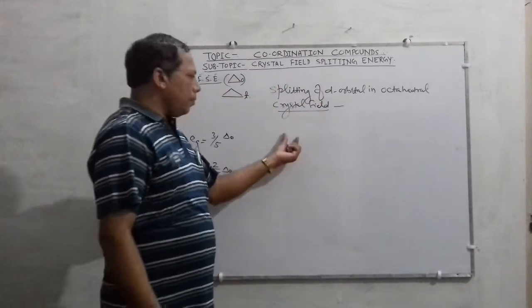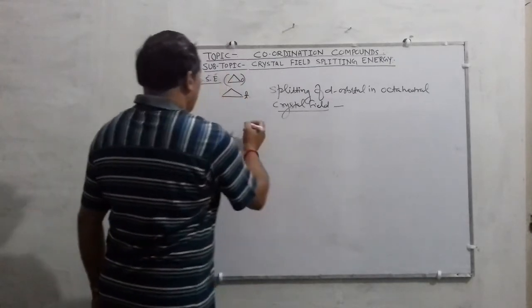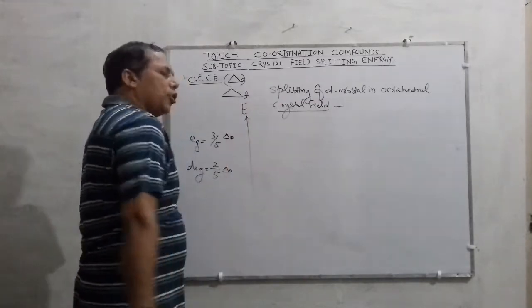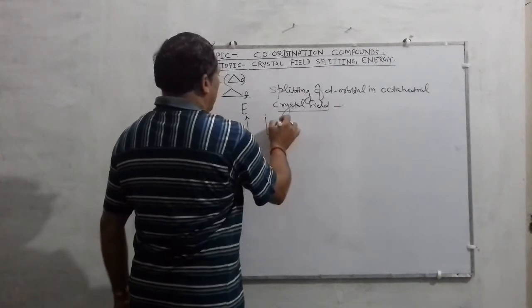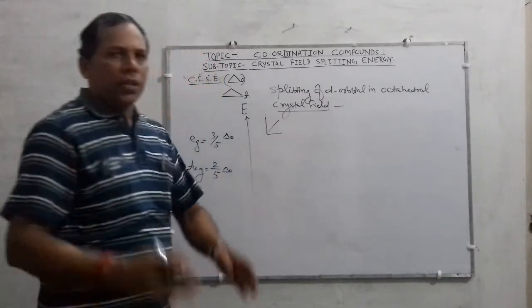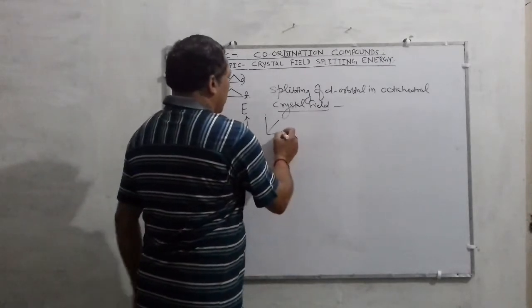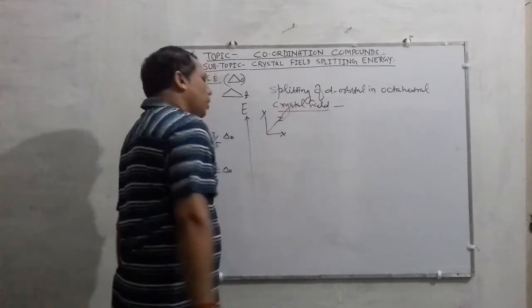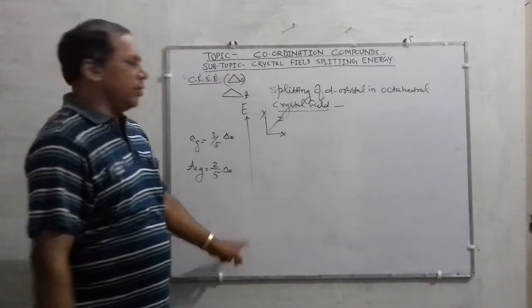Suppose we are going to draw here. Let energy be drawn on this axis, and let the coordinates be represented as three coordinates, meaning the orbitals exist in a three-dimensional state. Suppose this is the x coordinate, this is the y coordinate, and this is the z coordinate, and energy is represented on this scale.